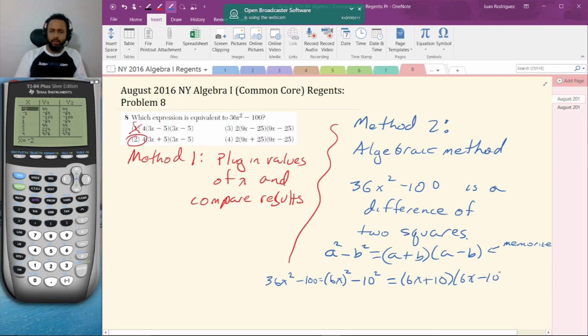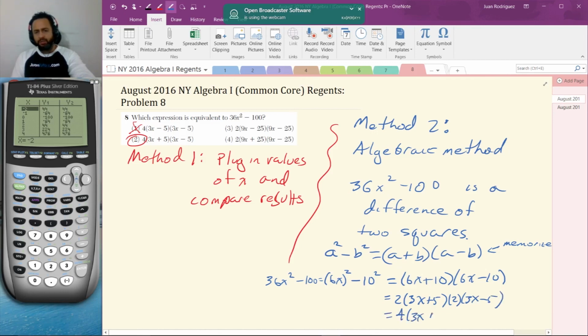Which doesn't match any of the answers, I agree, but 6x plus 10 and 6x minus 10 each have a factor of 2. 2 times 3x plus 5 times 2 times 3x minus 5, which, 2 times 2 is 4, 4 times 3x plus 5 times 3x minus 5. There's your answer.